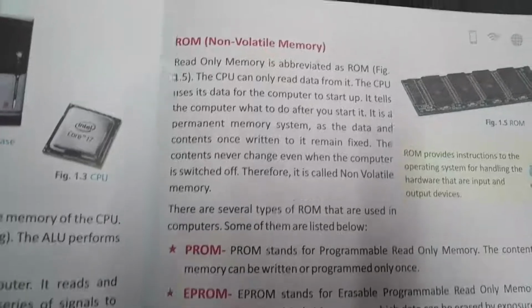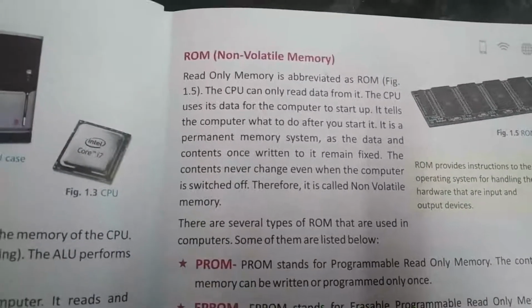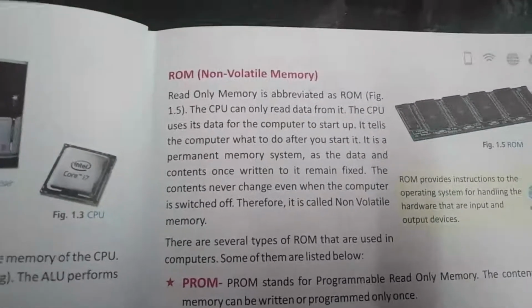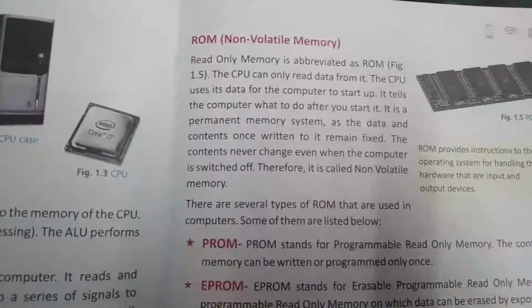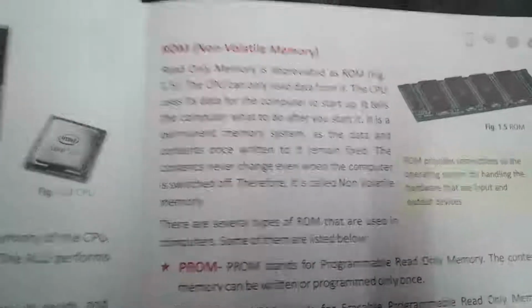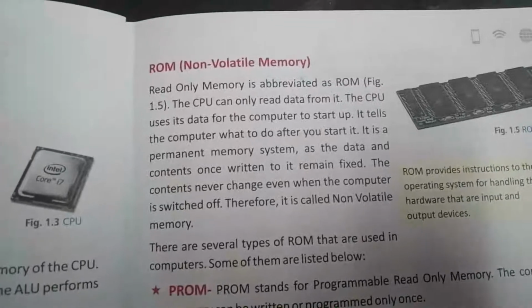So the second one is non-volatile memory. The first one is volatile memory, which means the temporary one. The second one is non-volatile memory, the permanent one. The CPU can only read data from it.